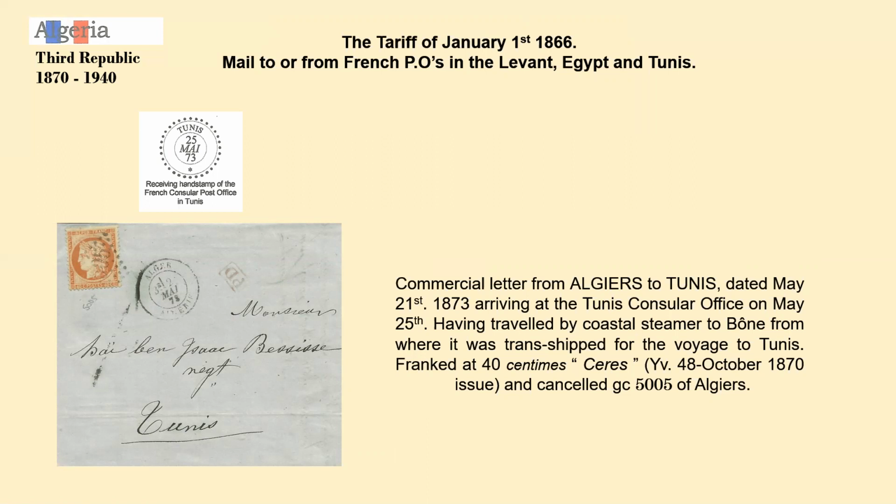And this is an example to Tunis, where the French post office was actually in the French consulate. This again had to travel by coastal steamer to Beaune, from where it was transshipped for the voyage to Tunis.